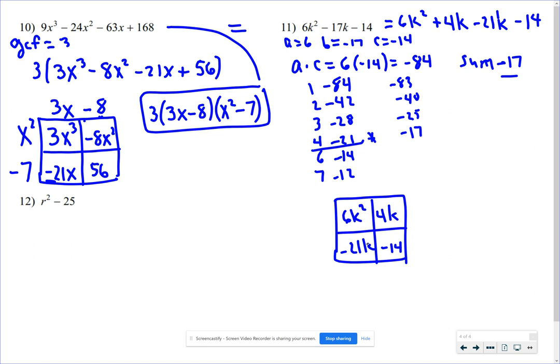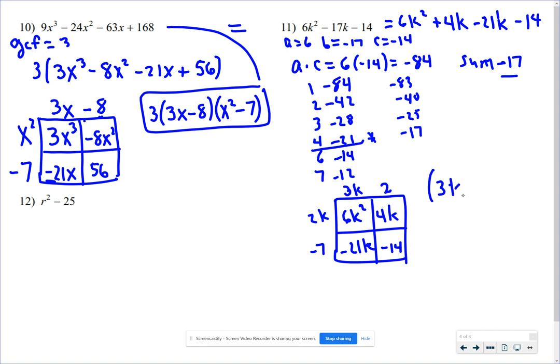All right, GCF for the top row is 2k. GCF for the bottom row is -7. For the first column, 6 and 21 are both divisible by 3, but there is a k that they have in common. And then 4 and 14 are divisible by 2, and I don't have a k in common, so there it is. And my final answer, I did not have a GCF at the beginning that I factored out.